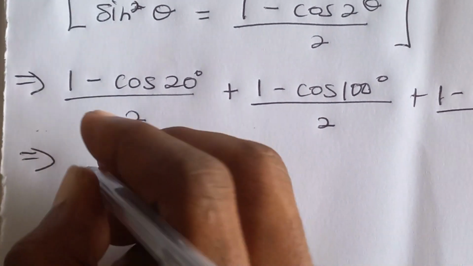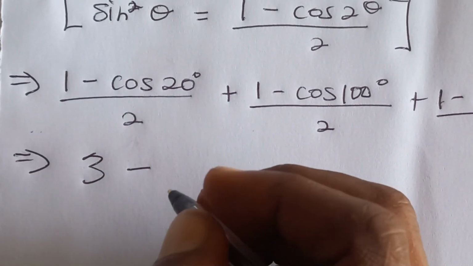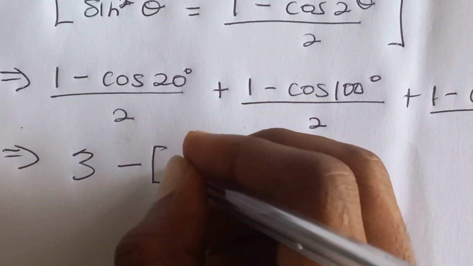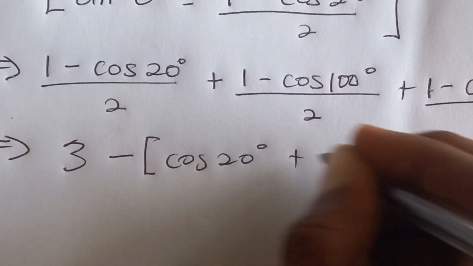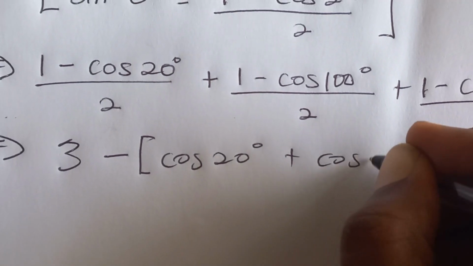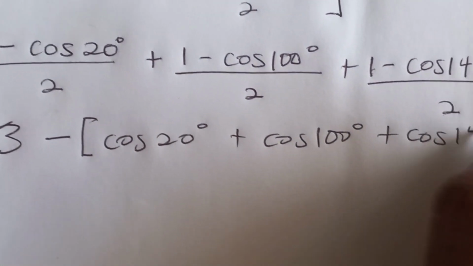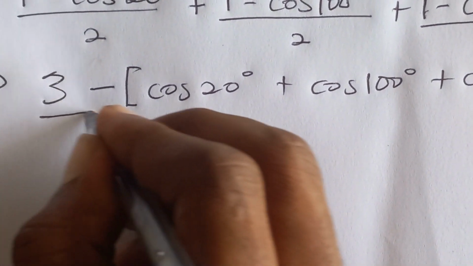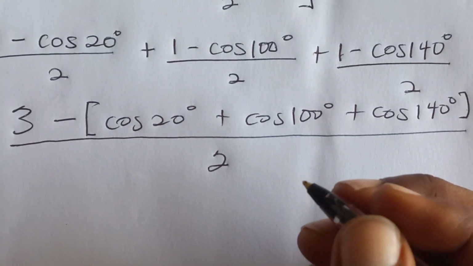So you can say that 3 minus, then into bracket, cos 20 degrees plus cos 100 degrees plus cos 140 degrees, all on 2, like this.